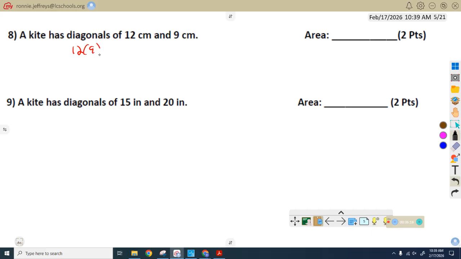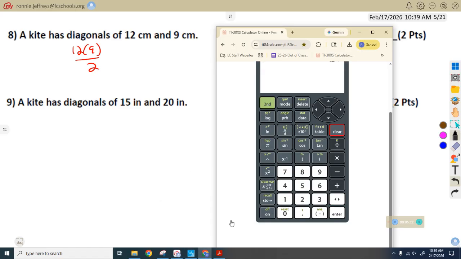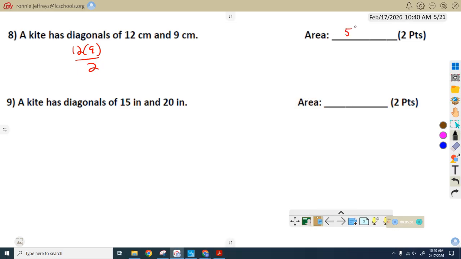So this is 12 times 9 all over 2. Okay, so this would be 54 centimeters squared. Now, you could have typed it in like this.